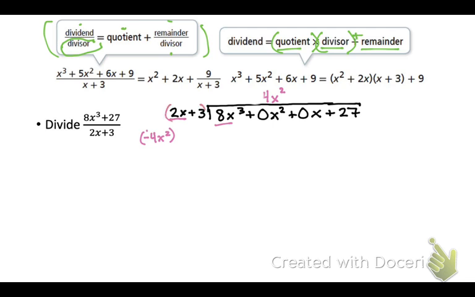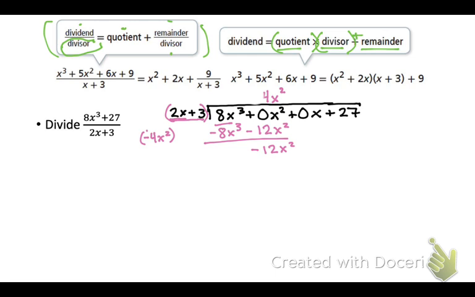Okay, quantity distributed. What do I get? Negative 8x cubed. And I better get negative 8x cubed, right? You get negative 12x squared. So 0 and then negative 12x squared. And how many terms do I have in my divisor? 2.